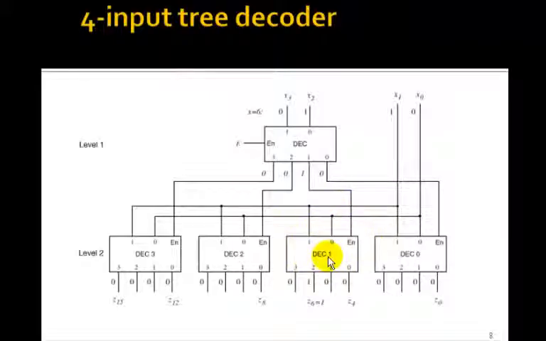So only this one is enabled, the others are disabled, so their outputs are all 0. The X1 and X0 inputs go to all of the 4 decoders on level 2, but since only this one is enabled, the 1, 0 here, which is a 2, makes the 2 output 1, and this is Z6. So the 0, 1, 1, 0 gets decoded in this 4 to 16 decoder.